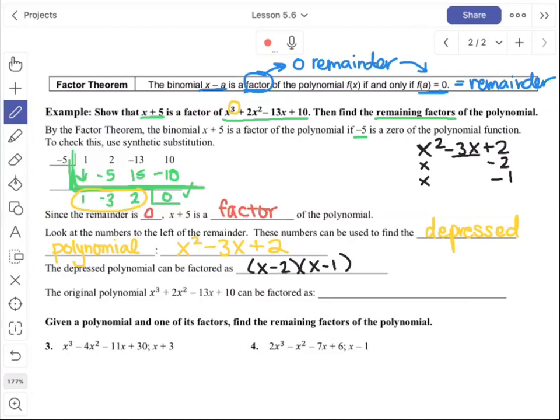So that means actually we have factored the entire polynomial. The original polynomial can be factored as the original factor I used to divide, x plus 5, times these remaining factors, x minus 2 times x minus 1.